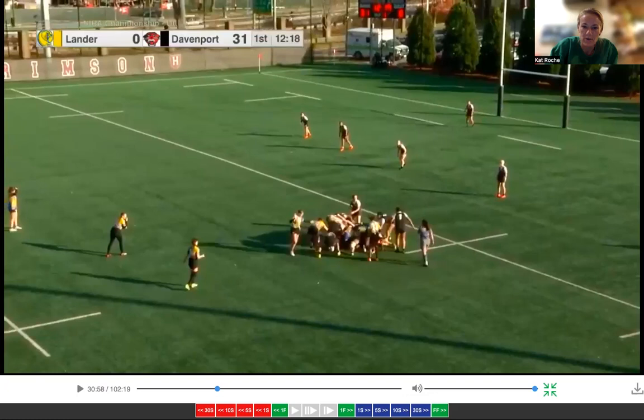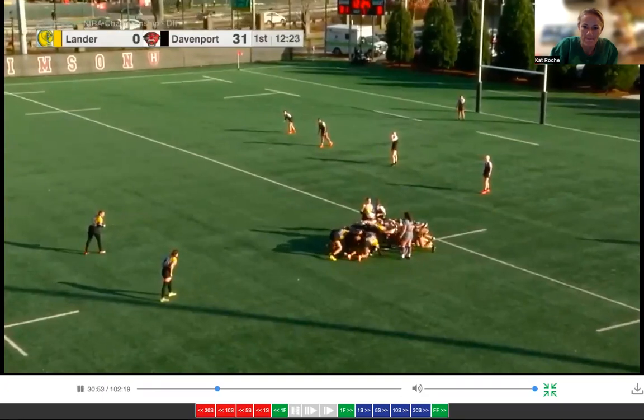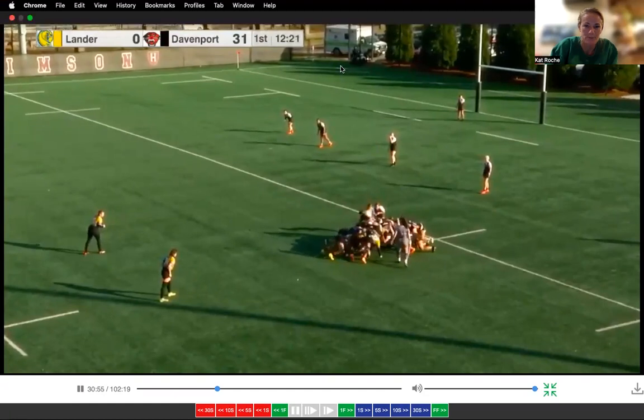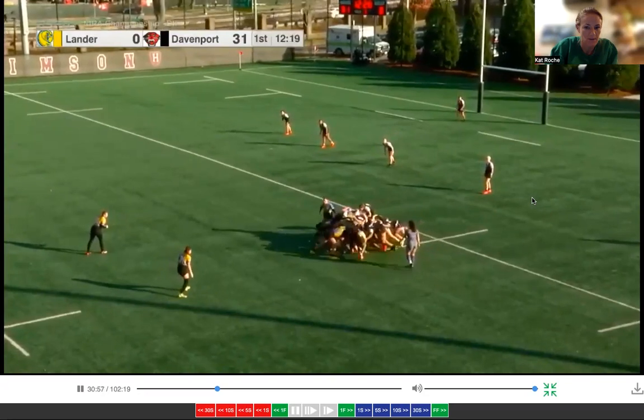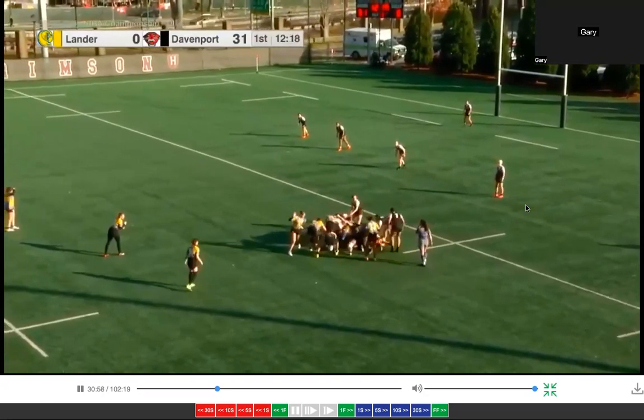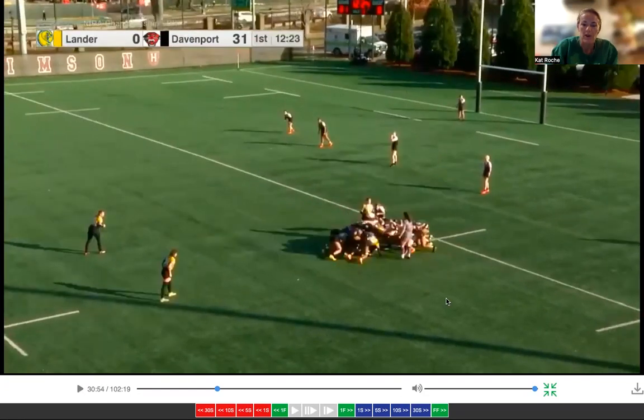So, which way does that scrum go? Which direction? Does it go north-south? It went east-west. No, it definitely doesn't. So, if you're the yellow team, you're putting the ball in, that scrum has just gone southwest.